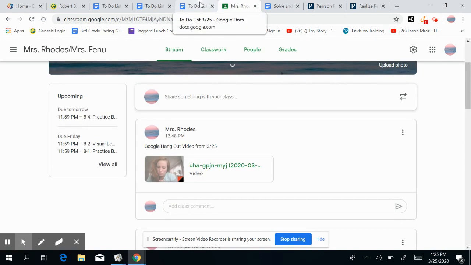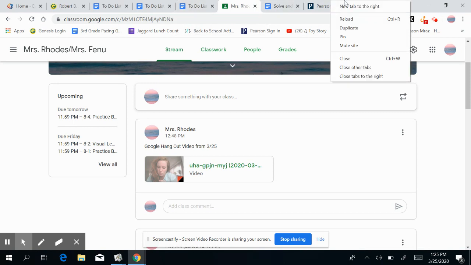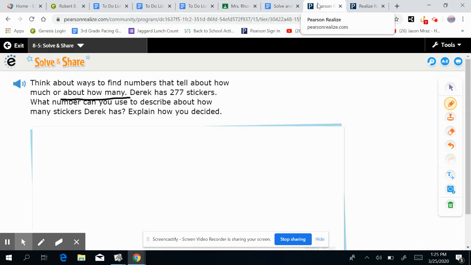So that's what we're working on today. We're working on rounding numbers to the nearest 10. So we have to make sure that we understand our place value, our ones and our tens columns, and then how to round to the nearest 10.